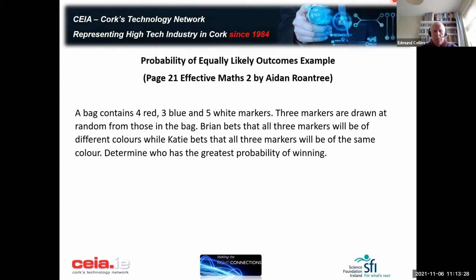Is it the addition principle, the multiplication principle, or are we going to use both? Again, it's important to read through the problem carefully. Think about the different options and how the question is worded, and then consider what tools you're going to use to solve the question. So I'll give you a few minutes to consider that and enter your answers to the poll, and then we'll go on and look at the question.